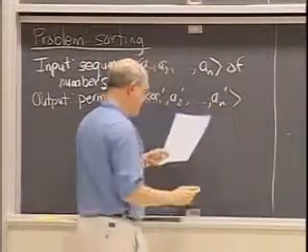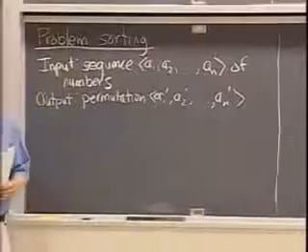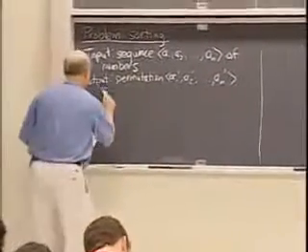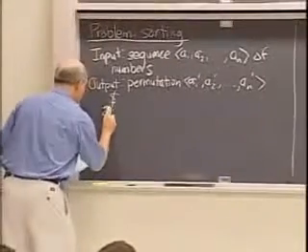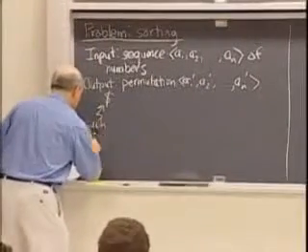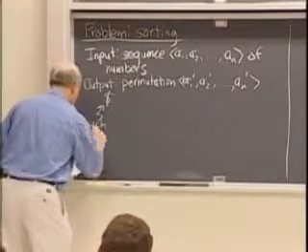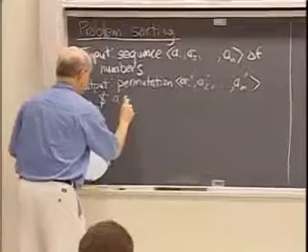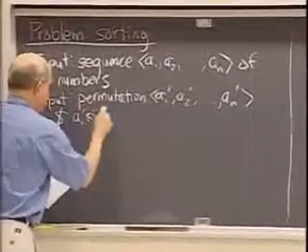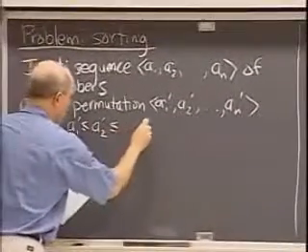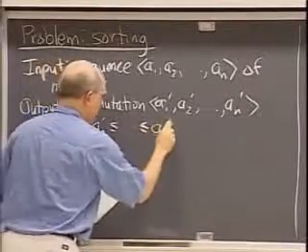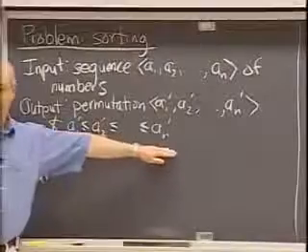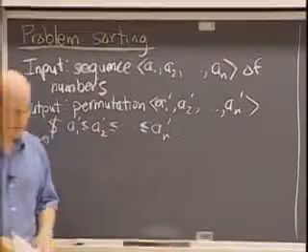A permutation is a rearrangement of the numbers; every number appears exactly once in the rearrangement, such that A1' is less than or equal to A2' and so on, such that they're monotonically increasing in size.